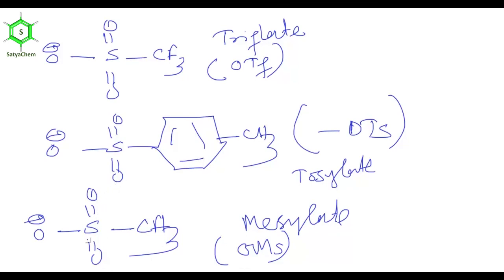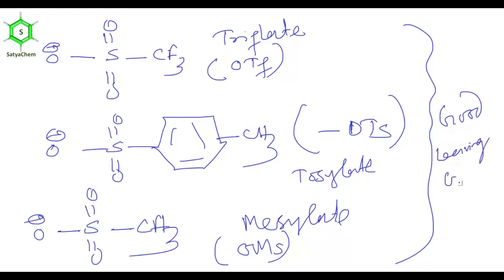We know anions are stabilized by electron withdrawing groups or minus I groups. So this kind of anion is considered a good leaving group, and also a poor base, because poor bases are good leaving groups. Now I think it is clear.